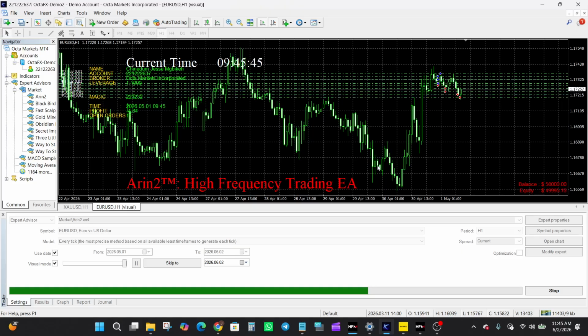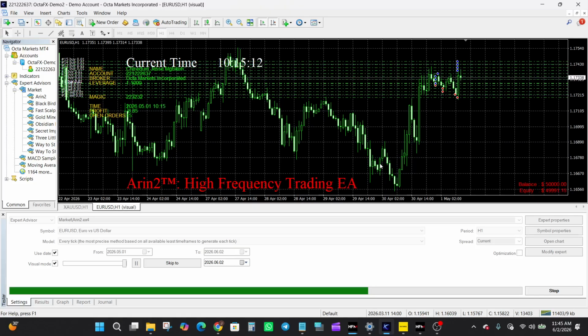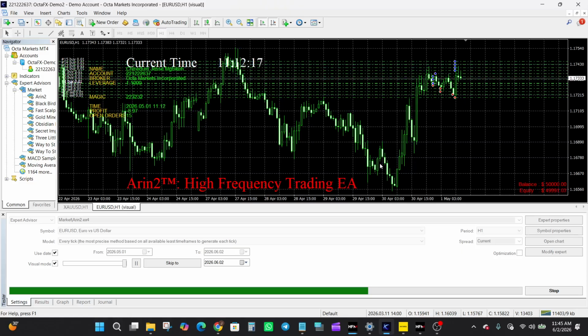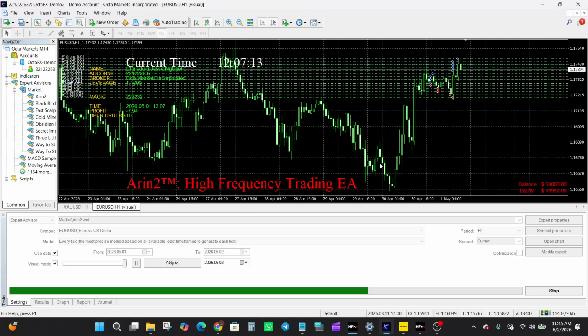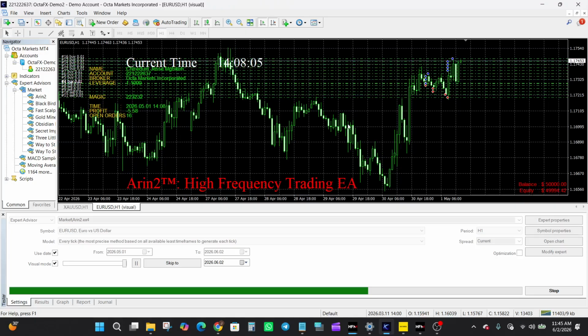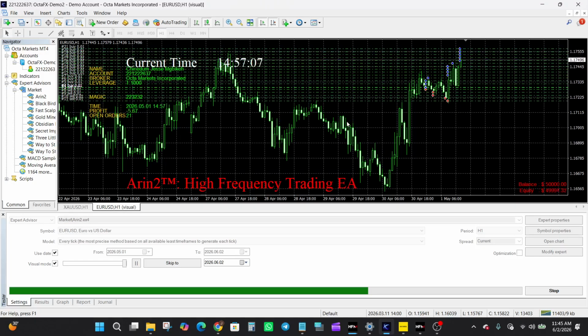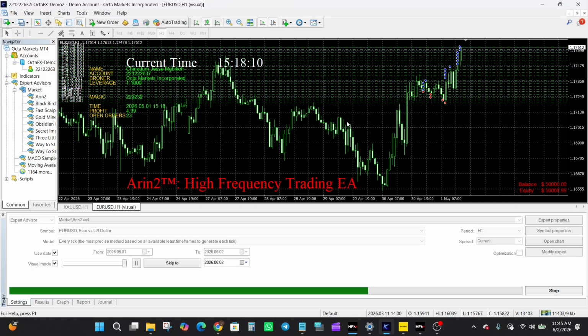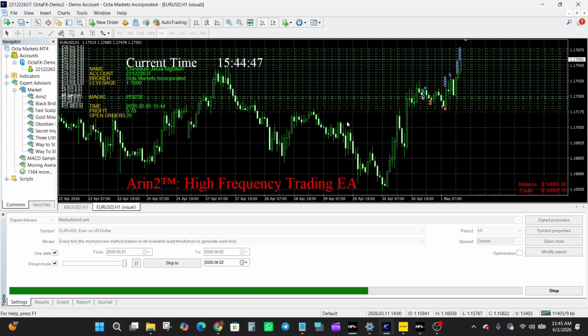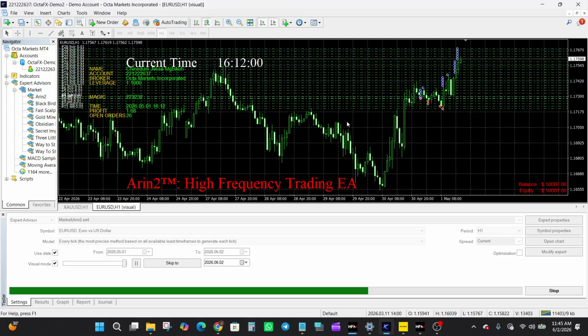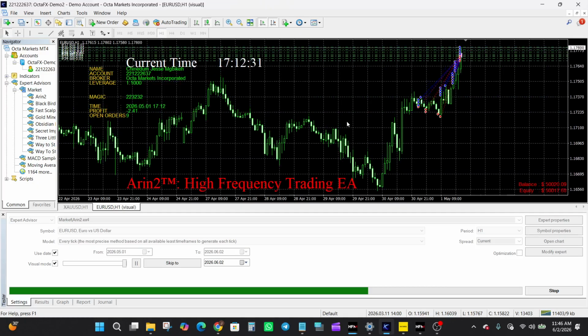Based on the settings described, the system appears to maintain continuous order activity with both buy and sell grids being managed simultaneously, depending on market direction and configuration. The structure of the trades suggests that the EA is actively scaling positions as price moves away from initial entry levels, which is consistent with the grid-based and anti-martingale logic described in the product information.